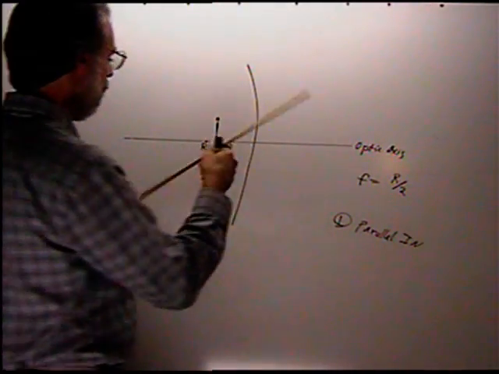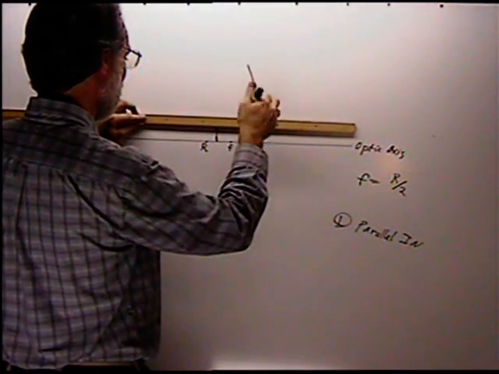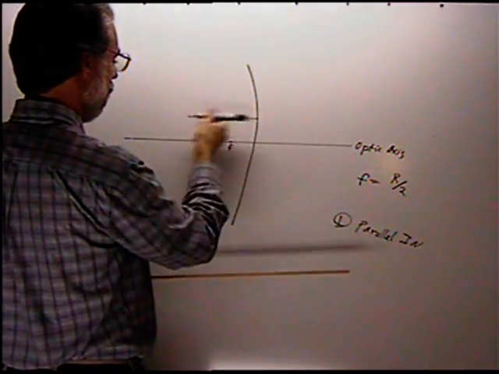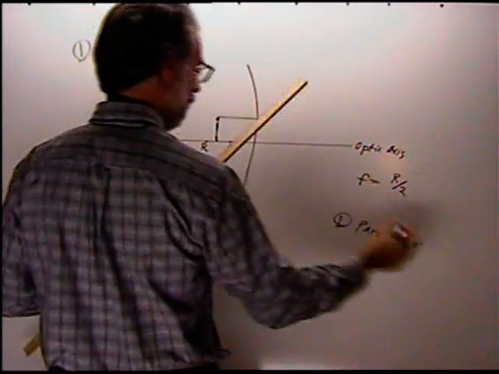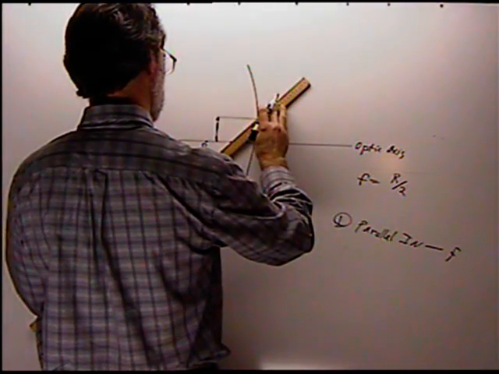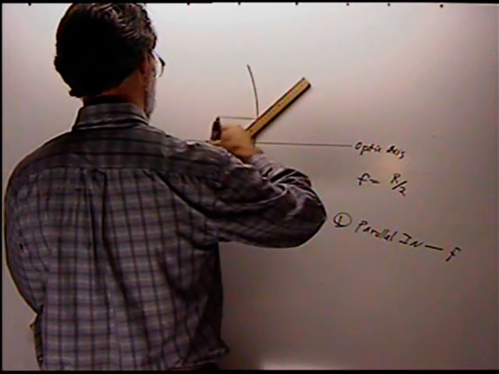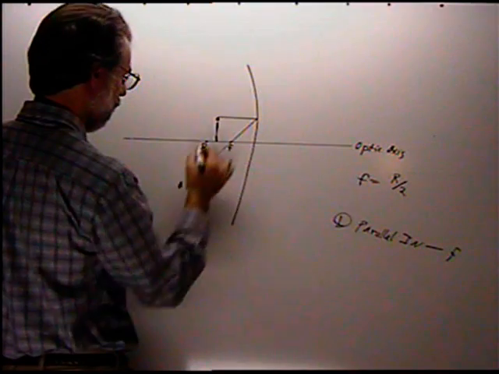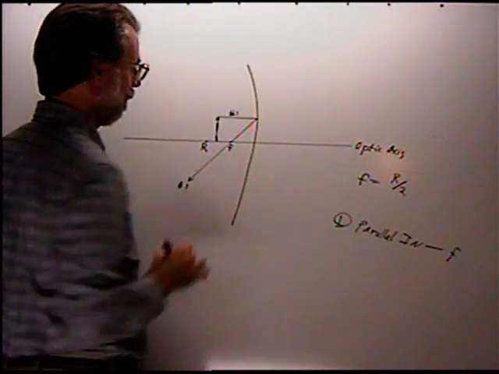It comes in parallel, and if you go parallel in, it goes out through the focal point. So that's ray number 1.